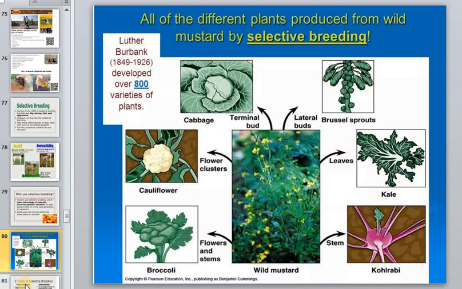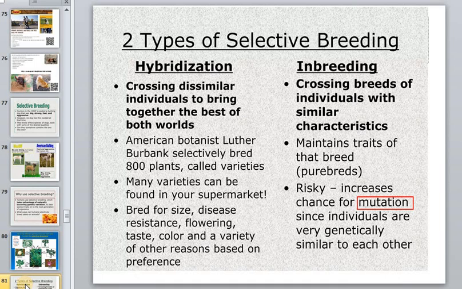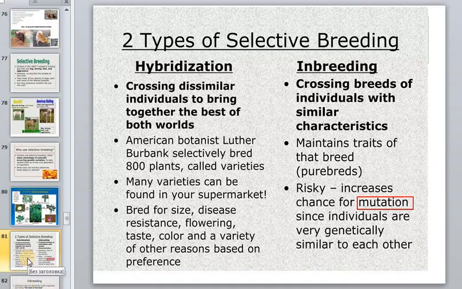We have two types of selective breeding, and we discussed hybridization and inbreeding. Hybridization is crossing dissimilar individuals to bring together the best of both worlds. The American botanist Luther Burbank selectively bred 700 plants called varieties.